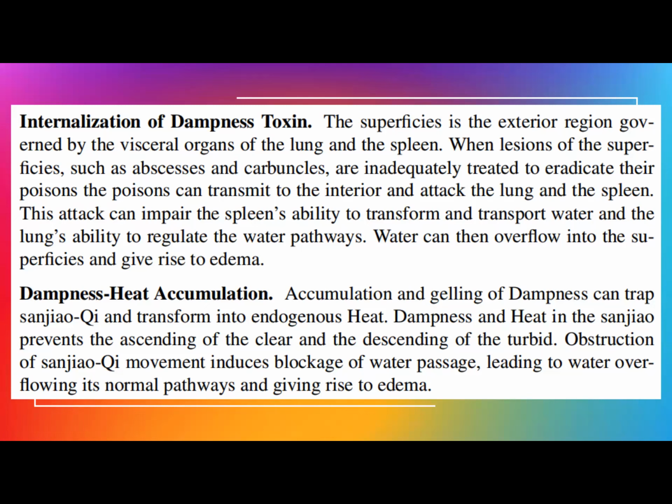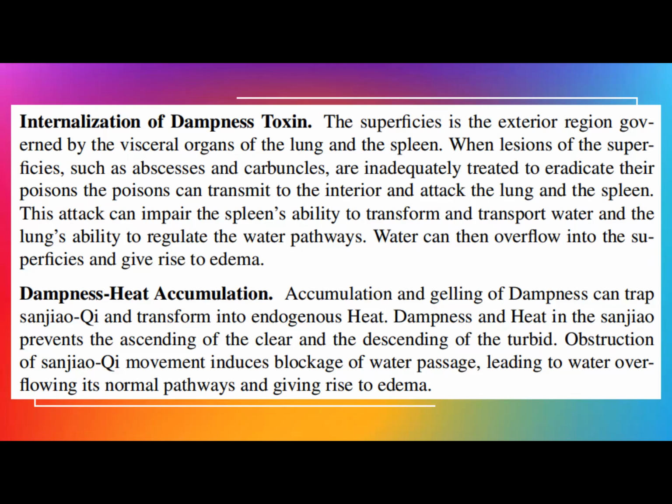This attack can impair the spleen's ability to transform and transport water and the lung's ability to regulate the water pathways. Water can then overflow into superficies and give rise to edema.